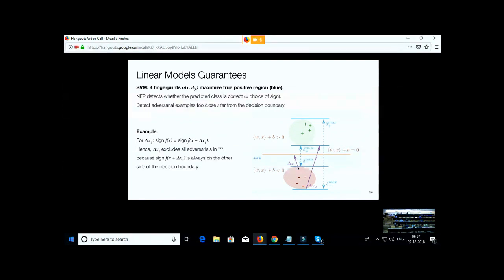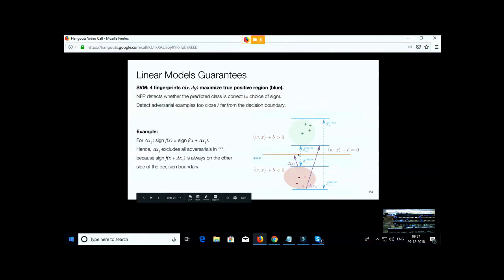And the intuition here is that, for instance, if you look at the delta x1 here, and you compare the behavior of the linear classifier on any red negative example, and any example that you get by adding this delta x1 to it, you see that it will still be below the decision boundary. So delta x1 should not see any change of the predicted class between x and x plus delta x1.